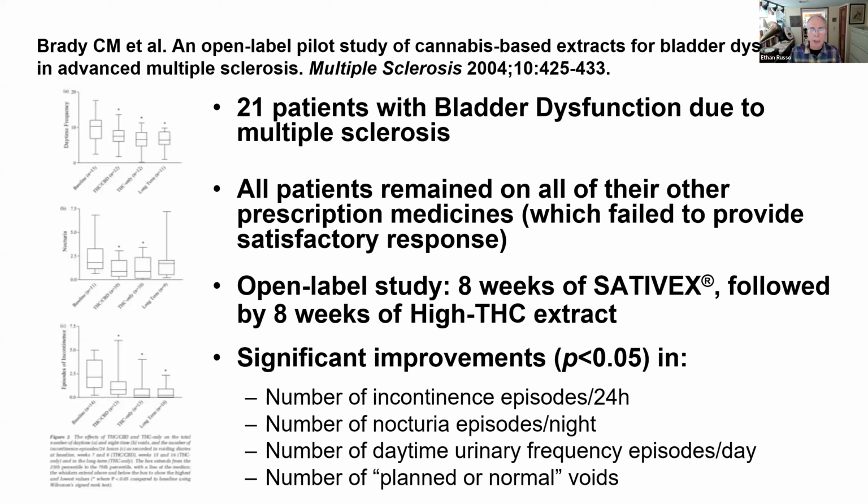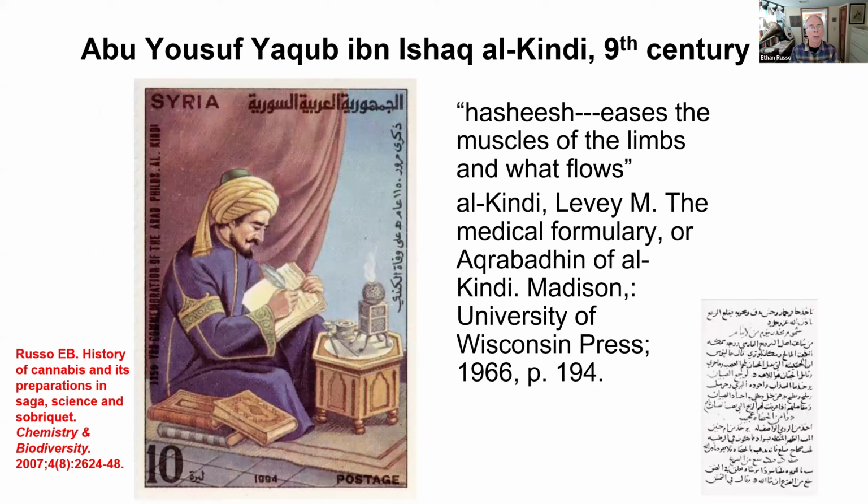And there were significant improvements in the number of incontinence episodes per day, the number of voids at night, nocturia, number of frequency episodes per day, and the number of planned or normal voids. Unfortunately, there hasn't been a lot of follow-up to this. It remains an area that would be valuable to examine.